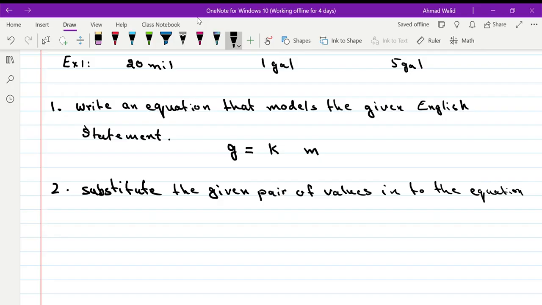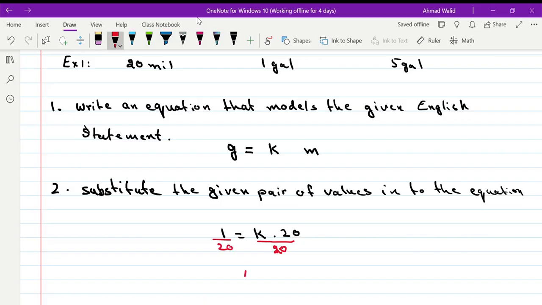Then you can write 1 equals K times 20. That's your step 2. Solve it. Find the value of K, which is the constant of variation. To solve this equation for K, you have to divide both sides of your equation by 20.